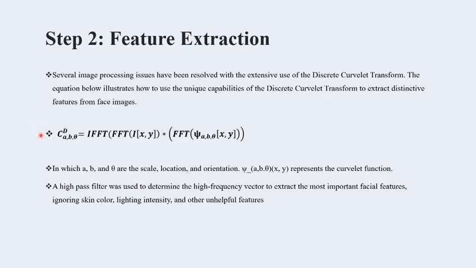It applies the fast Fourier transform on the image and then applies a high pass filter, used to determine the high frequency factor to extract the most important facial features. And finally, the inverse fast Fourier transform is applied.